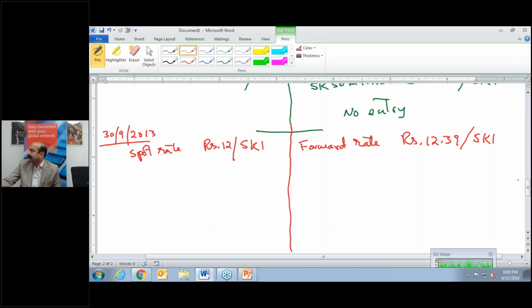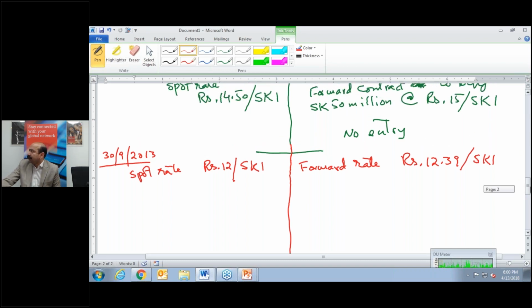So you can see that because we want to buy SK 50 million in the open market, the rate is decreased from 14.5 to 12. So the rate is decreased because we want to buy SK. If the rate is decreased, this means there is a gain. Okay, here is a gain.